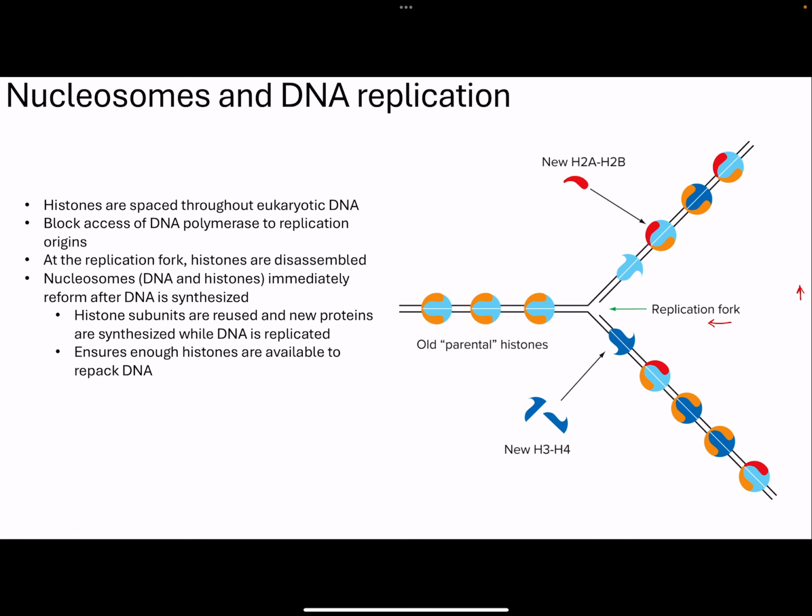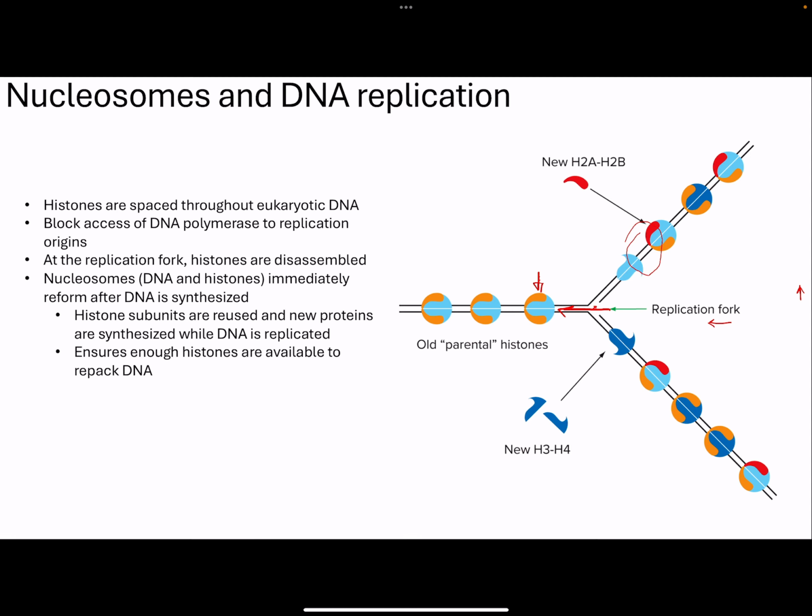So DNA polymerase isn't shown, but you could imagine it moving along this section of DNA, and new nucleotides are being added to this end. So as this replication fork continues to push apart the DNA double helix, we have to do something with these nucleosomes and the histone proteins in particular. So these are octamers, remember. One of the things that immediately happens is the DNA unwraps from around those histone proteins, and then the histone proteins themselves become less stable.